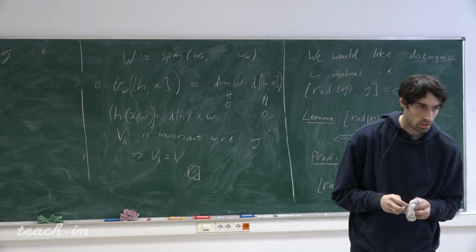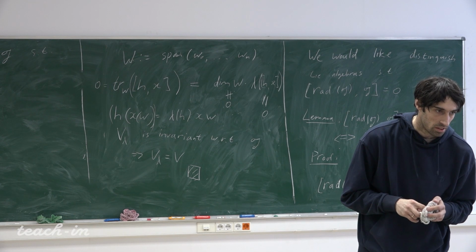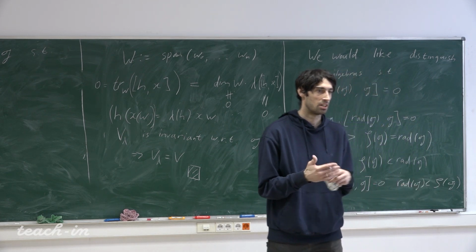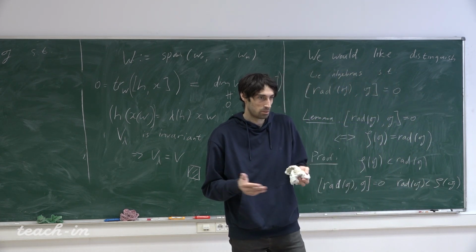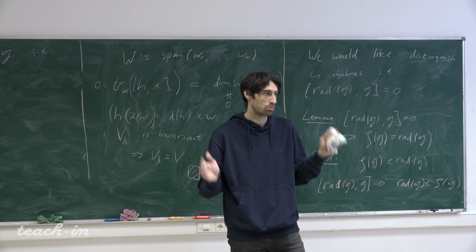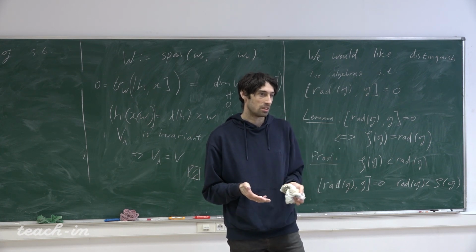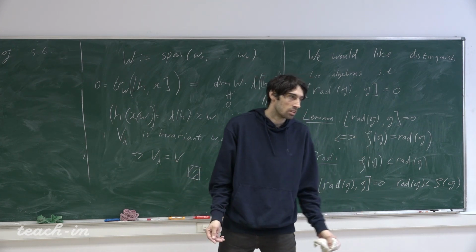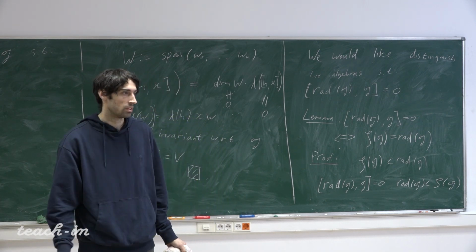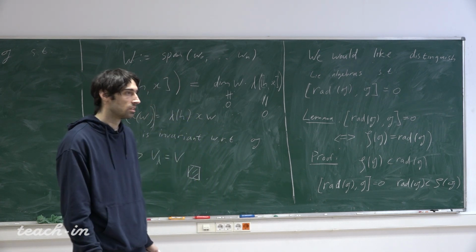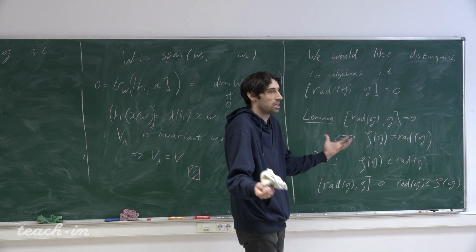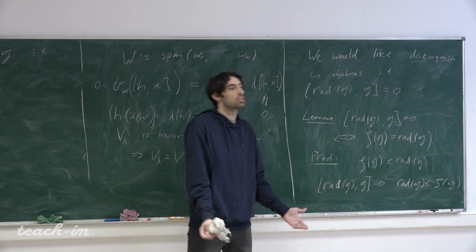Also, the universal enveloping algebra is an associative algebra, which is automatically a Lie algebra, and the commutator there is the bracket. But here, by default, this is some abstract bracket defined on an abstract Lie algebra.